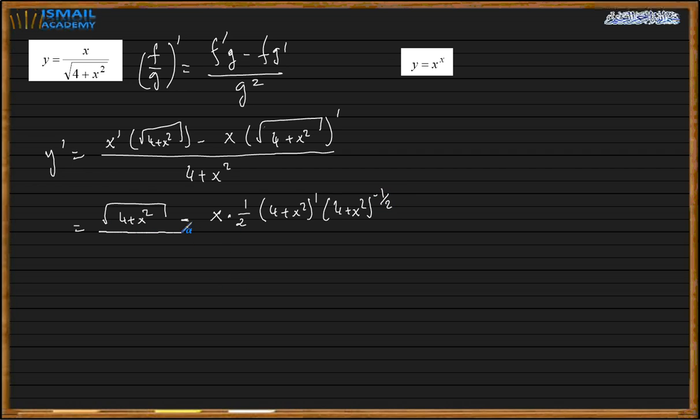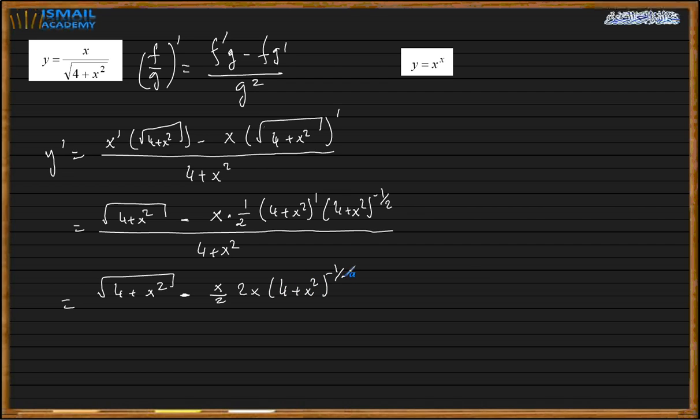So the whole thing over 4 plus x squared. So here is going to be just square root of 4 plus x squared minus, and here is going to be just x over 2 times 2x, 4 plus x squared to the minus half, the whole thing over 4 plus x squared.